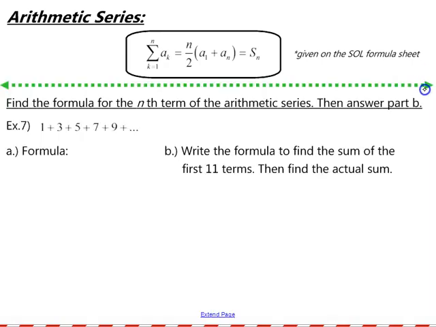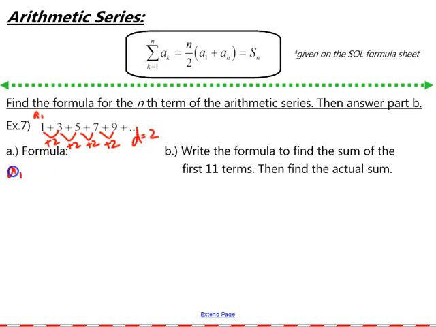So in example number 7, it asks us to find the formula for the nth term of the arithmetic series, then answer part B. So we need to start by finding the formula for the nth term. A sub 1 is the first term, and then we need to find the common difference, which happens to be 2. So our common difference is equal to 2.